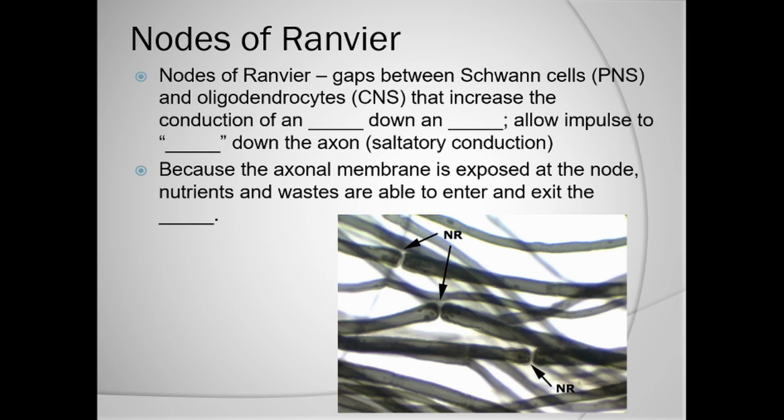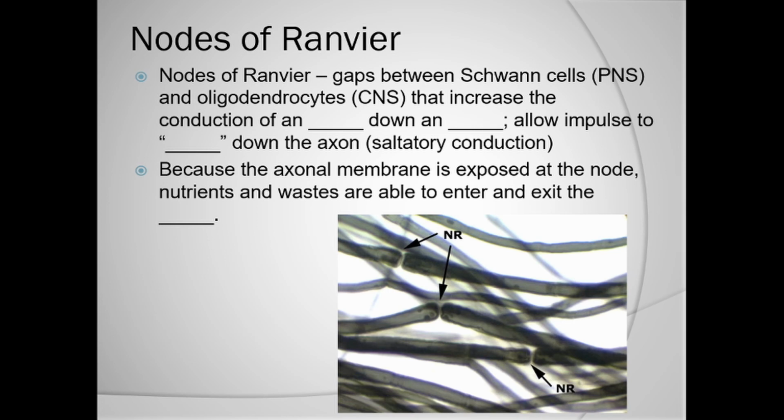The nodes of Ranvier, named after obviously a French scientist, are gaps between the Schwann cells in the peripheral nervous system and oligodendrocytes in the central nervous system. They increase the conduction of an impulse down an axon.